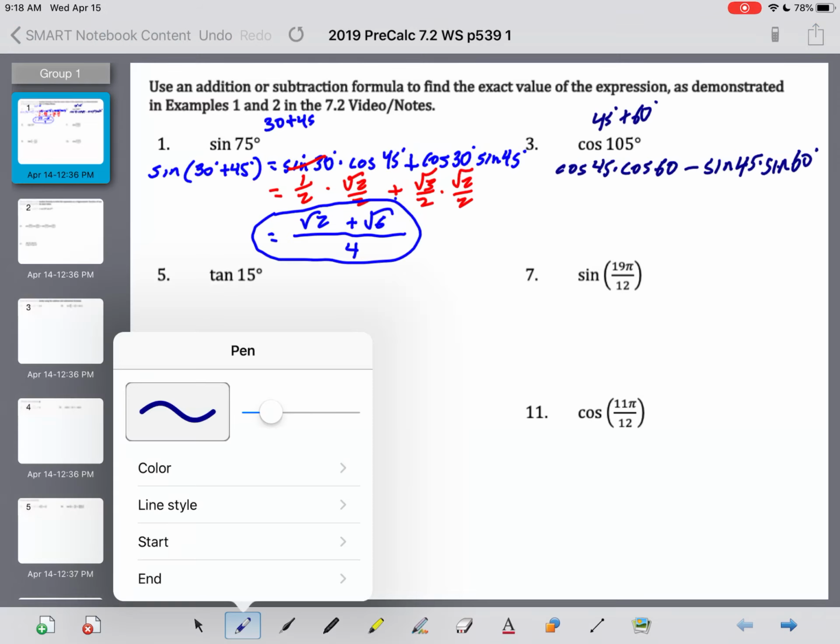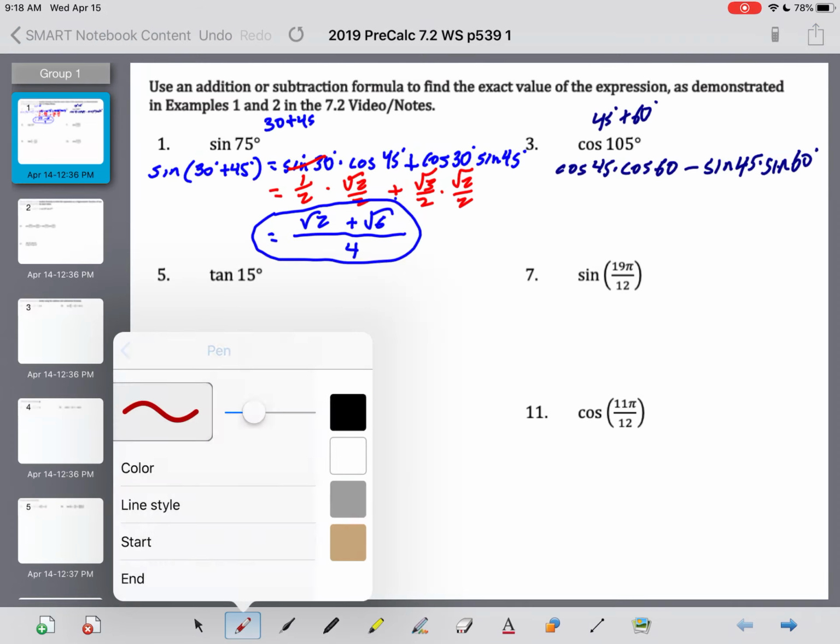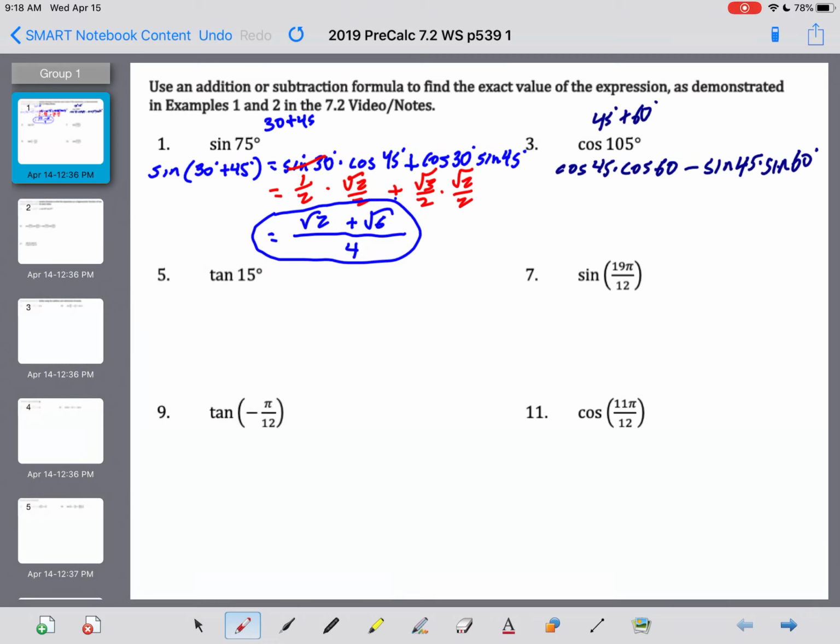Again, we're going to go ahead here and do some simplifying here. Cosine of 45 is square root of 2 over 2. Cosine of 60 is 1/2. Those are multiplied, minus the sine of 45 is root 2 over 2. The sine of 60 is root 3 over 2.